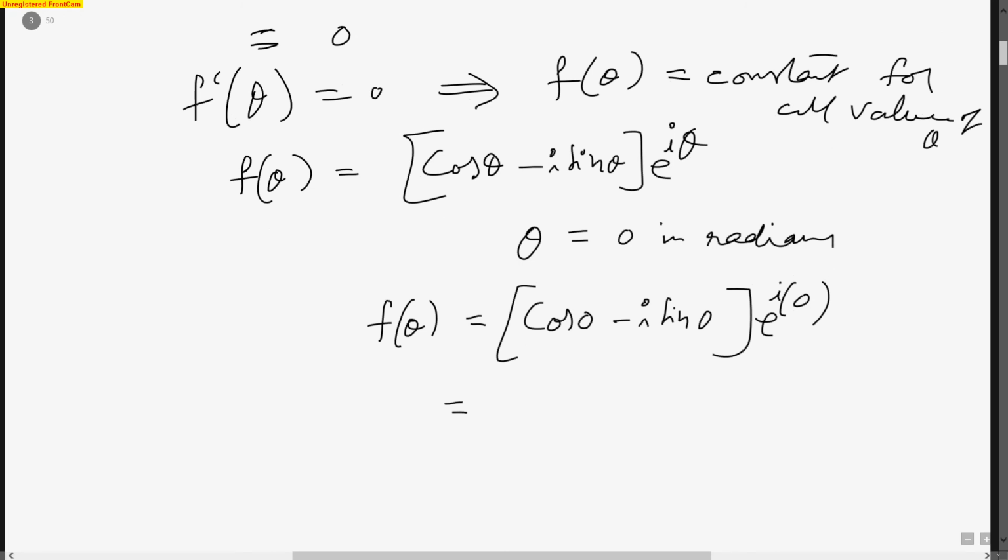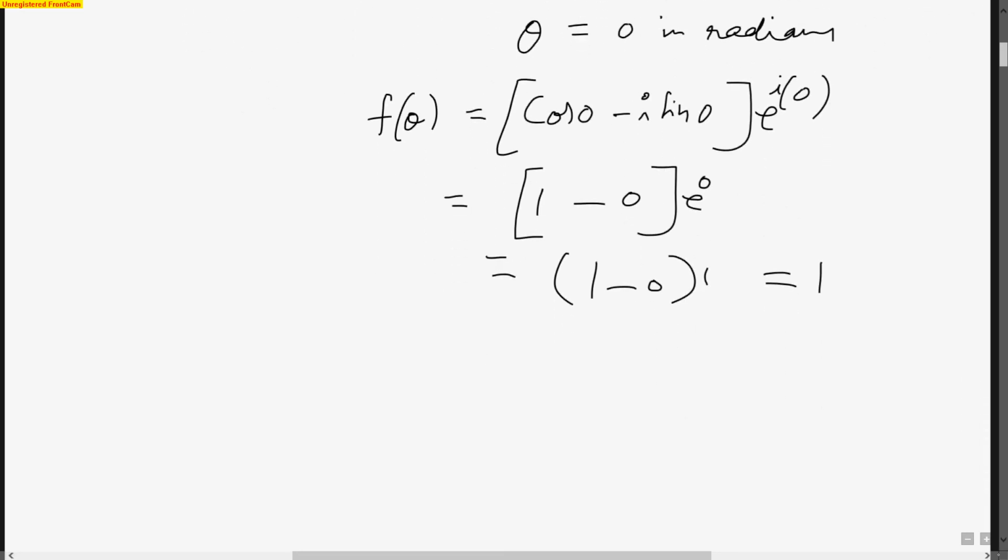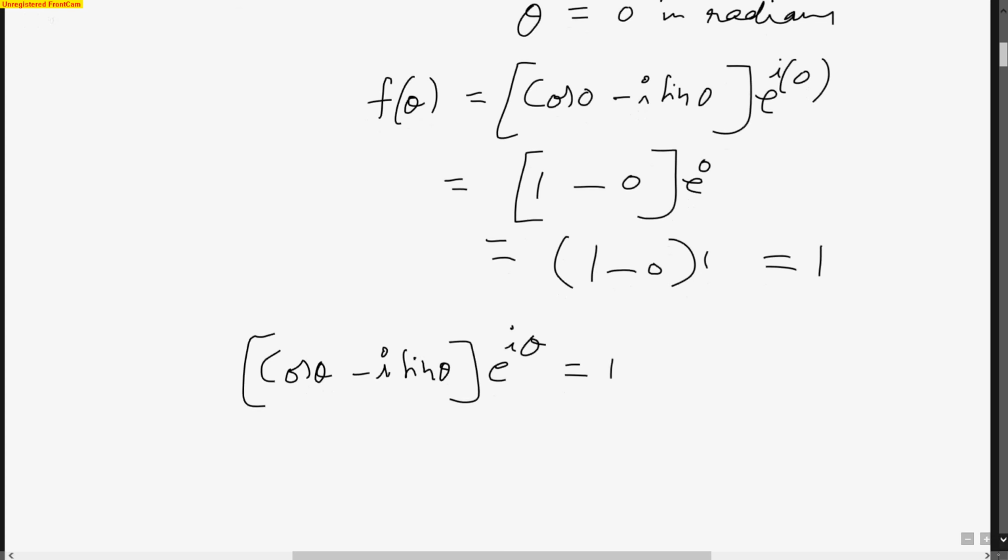Cos 0 is 1, sin 0 is 0, and e power 0 is 1, so this is equal to 1 minus 0 times 1, that is equal to 1. So our given function cos theta minus i sin theta times e power i theta is 1 for all values of theta.